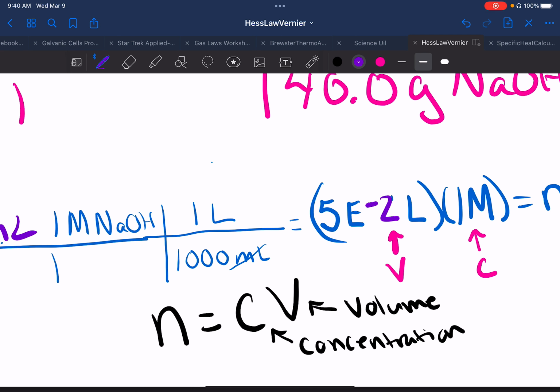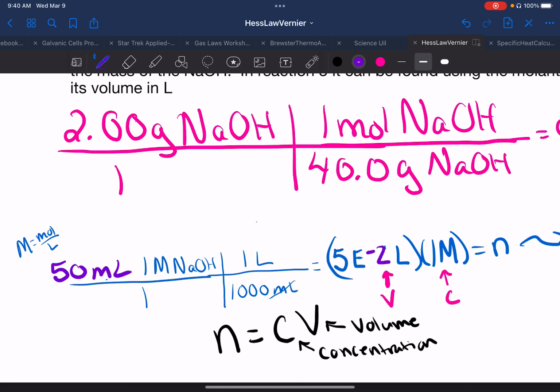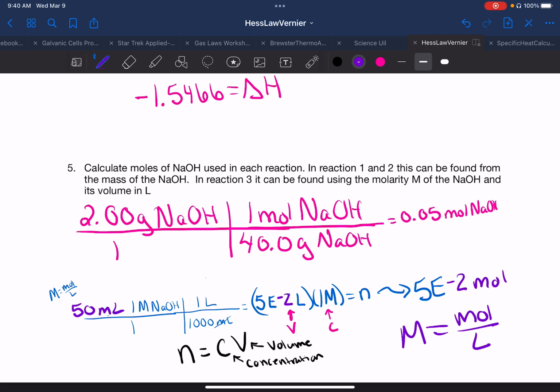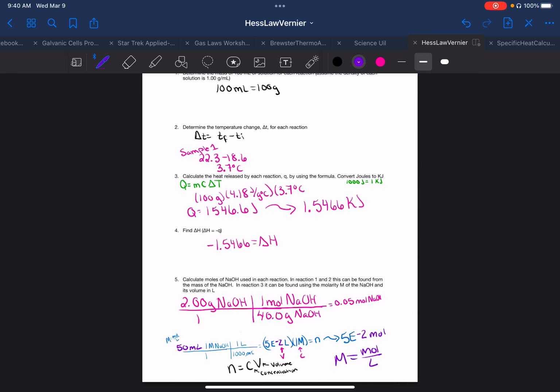My molarity was 1 mole per liter, so I multiply those numbers, and that gives me n. This number will be times 10 to the -2, and the unit is moles, because remember that M equals moles per liter, and you cross out your liters when you do V times C. Okay, that's taken care of.